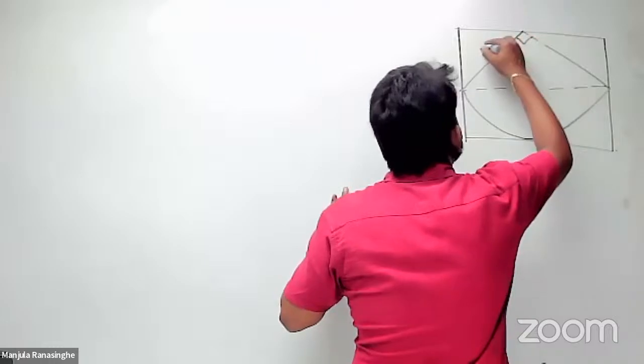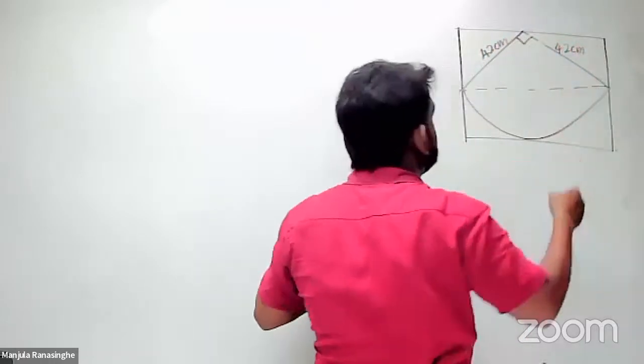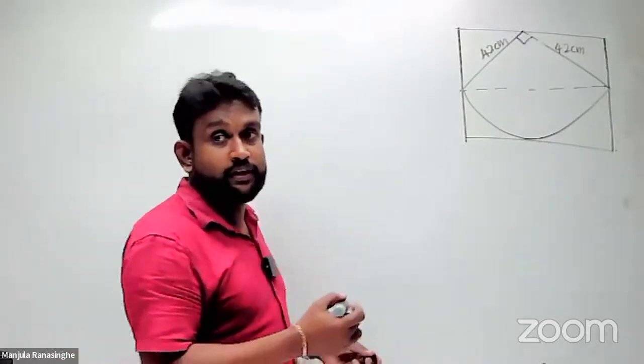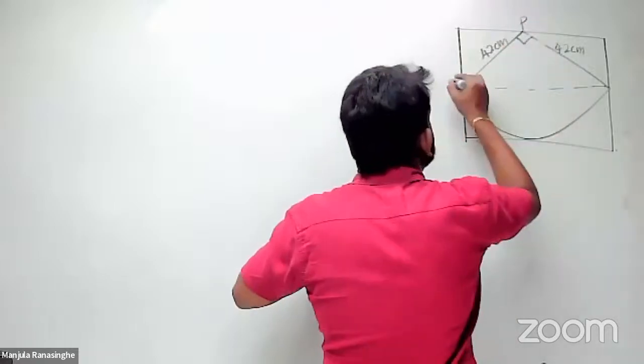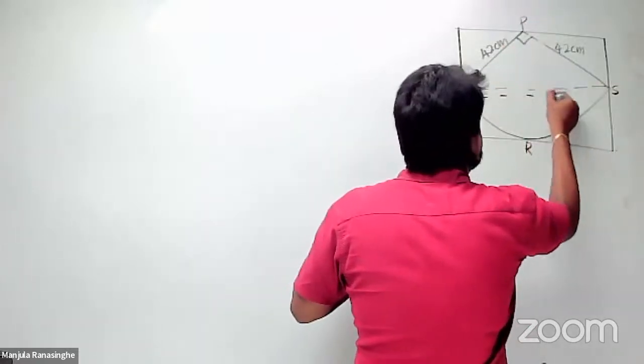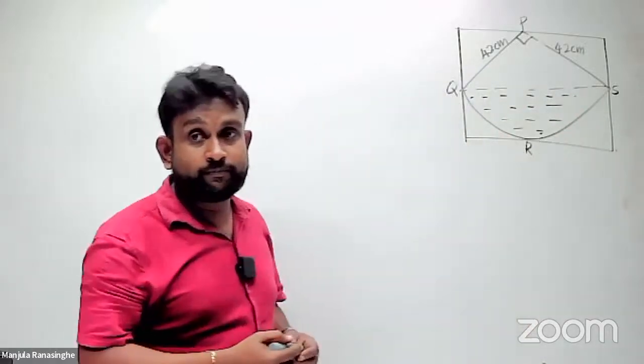This is 90 degrees, and here this is 42 centimeters, here 42 centimeters. Okay, fine. PQRS, PQ, and here RS, and this is being shaded. Okay, fine.